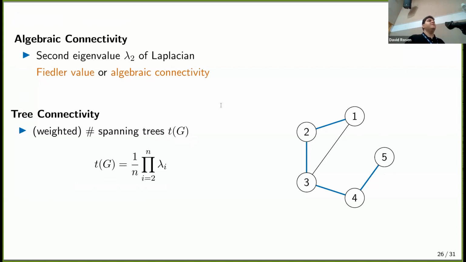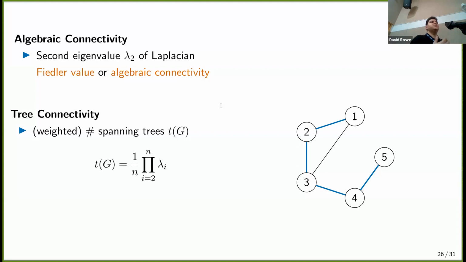So the algebraic connectivity, it turns out that it measures how, let's say, if the algebraic connectivity is small, it means that you're able to partition the graph such that you can take out a huge part of the graph in terms of number of nodes, but only cut a few edges between the two parts where you're partitioning the graph, right?